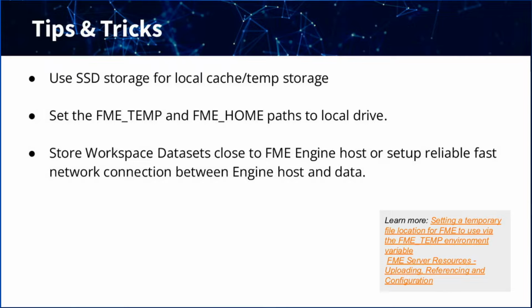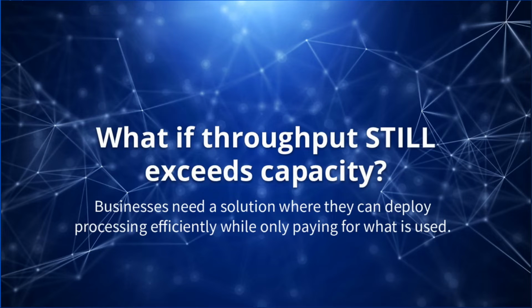Thank you, Malin. Okay, so now we're going to be looking at if you've already walked through all the steps that Malin has outlined and you've worked on reducing the duration and the runtime of your jobs and increasing that performance, but you're still in a position on your FME server where you're not able to deliver your jobs in a time frame that is optimal for your business requirements.